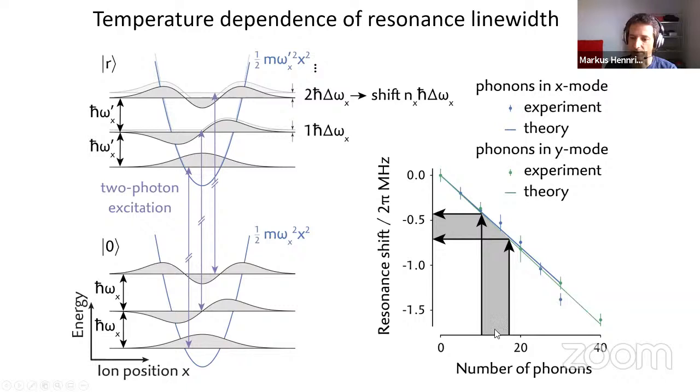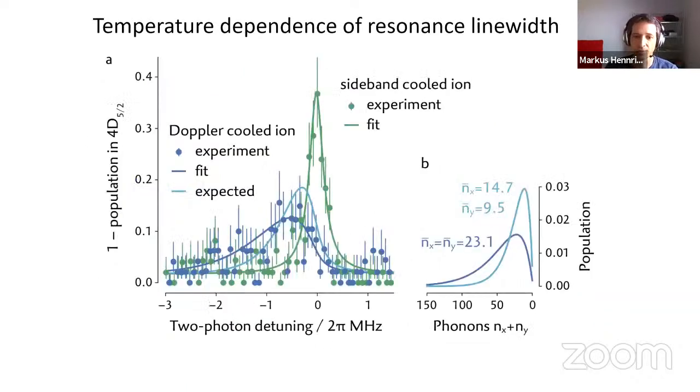So if you have a thermal population, you will get now a distribution of resonance frequencies. So it's a broadening of your line that happens due to that. So if you have a sideband cooled ion that is mostly in the ground state, you get a narrow line. But if you have a thermal state just after Doppler cooling, then you will see that it's actually a broadened line that is consistent with this broadening due to this Stark shift.